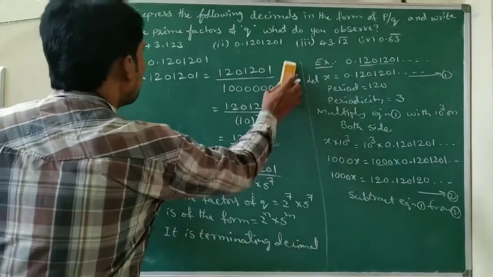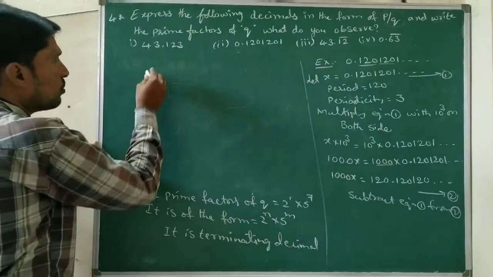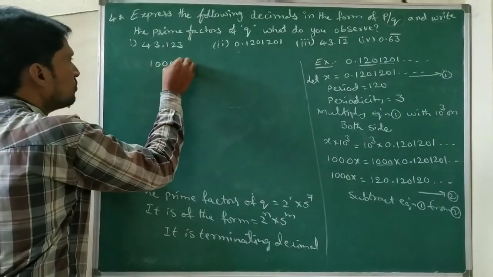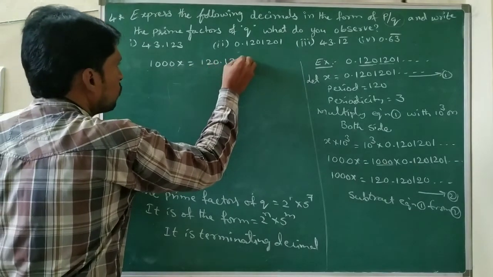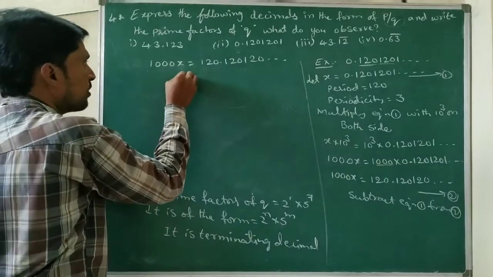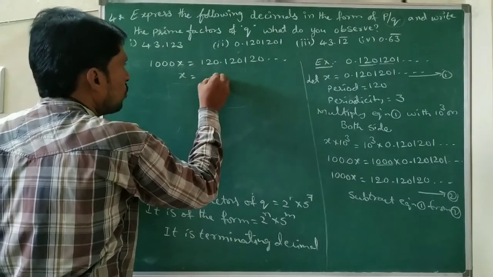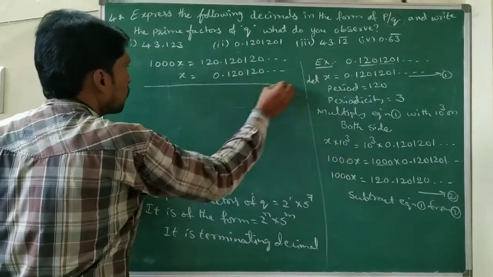So 1000x equals 120.120,120 and so on, and the first equation is x equals 0.120,120 and so on. Now subtract.